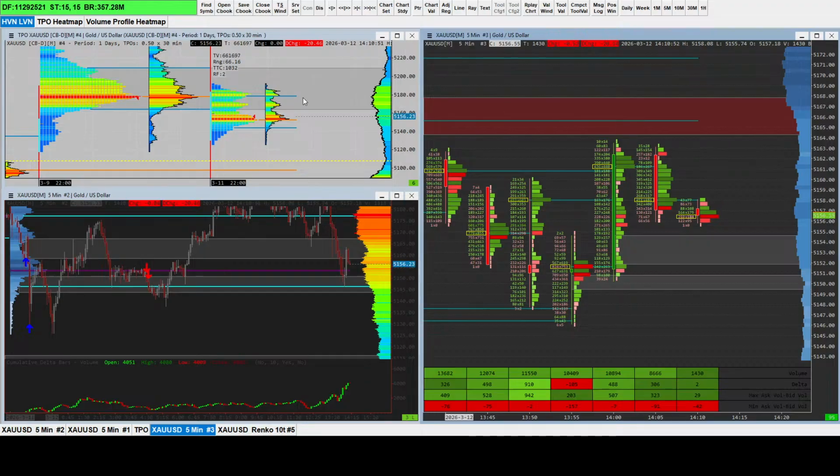And we're near today's POC, guys, so expect a lot of back and forth movement.